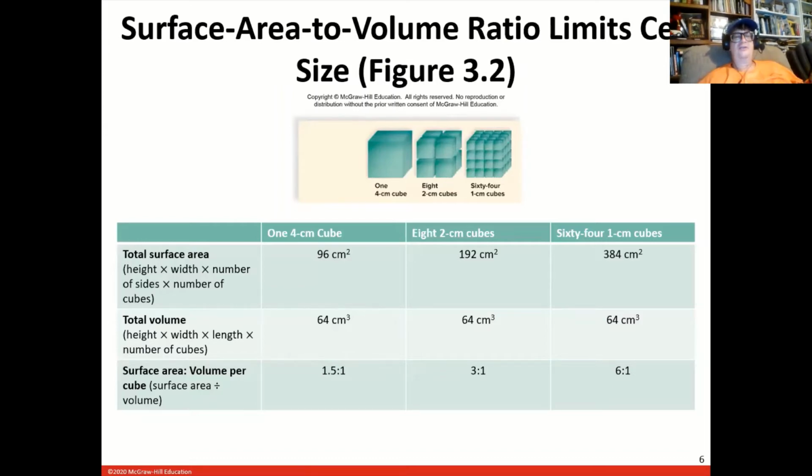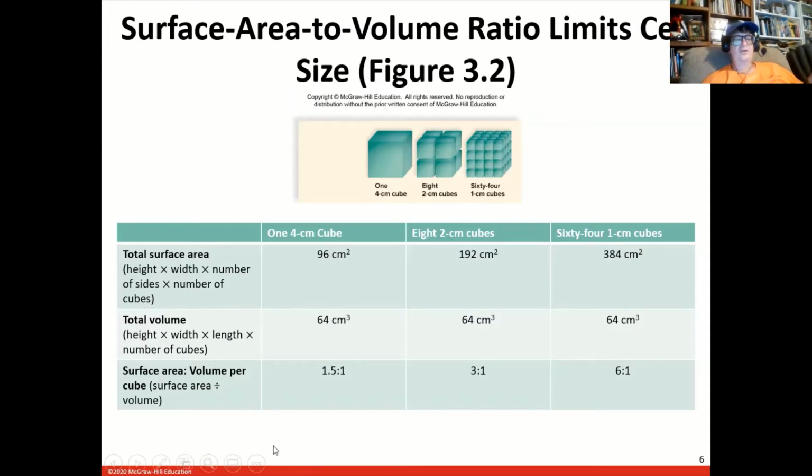They're looking at a 4-centimeter cube, okay? And if you break it into smaller cubes, you have the same amount of stuff inside, but a lot more surface area, and that makes it easier to pass things across the sides, across the membrane.